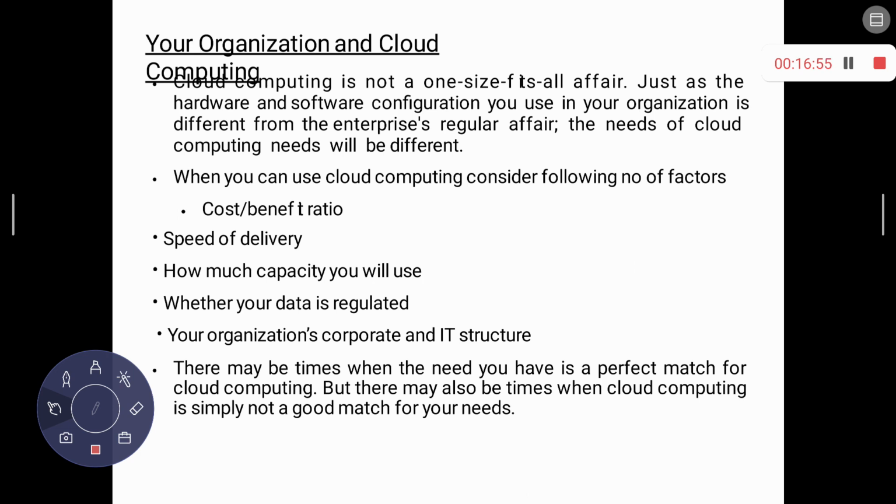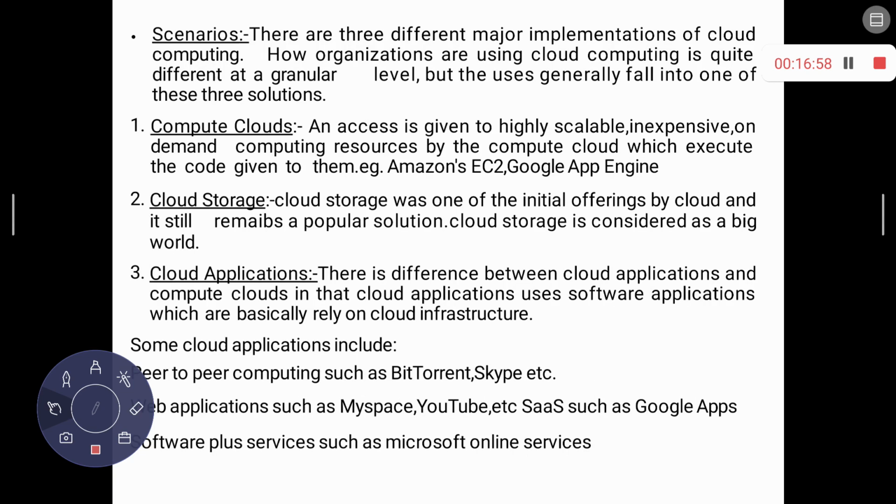Cloud computing. There are three different major implementations of cloud computing. How organizations are using cloud computing is quite different at a granular level, but it generally falls into one of these three solutions. Okay, this will be common everywhere.